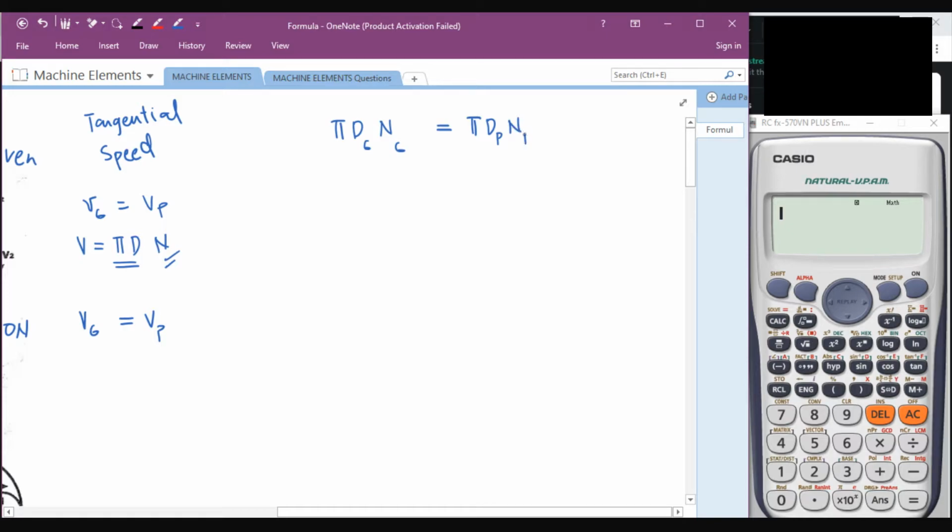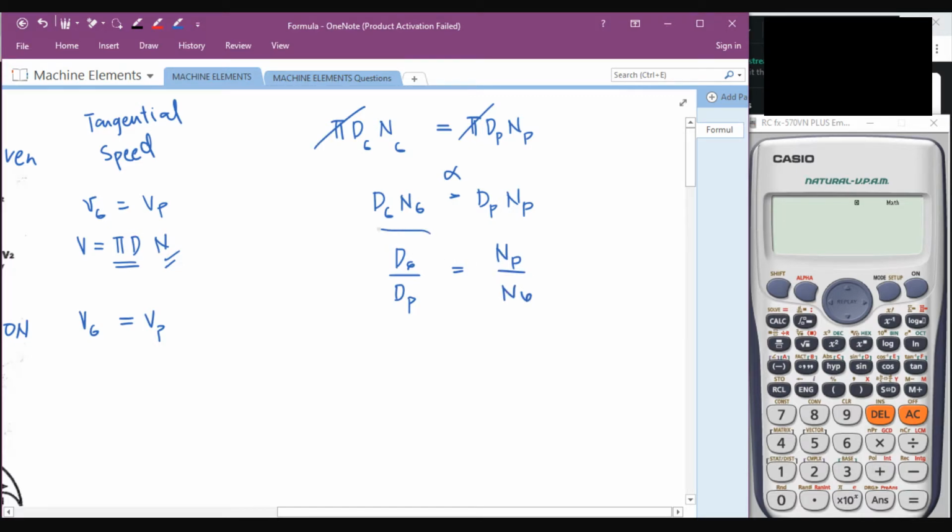Now, we cancel all the same variables. Yung pi, we arrive with Dg Ng equals Dp Np. Now, we can reform this equation where the ratio of the diameters will be equal to the ratio of the speeds. So, cross-multiply natin yung dalawa: Dg over Dp is equal to Np over Ng.